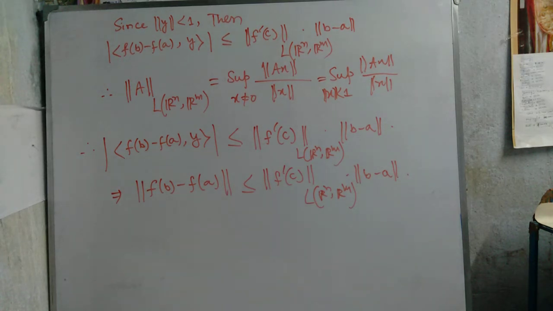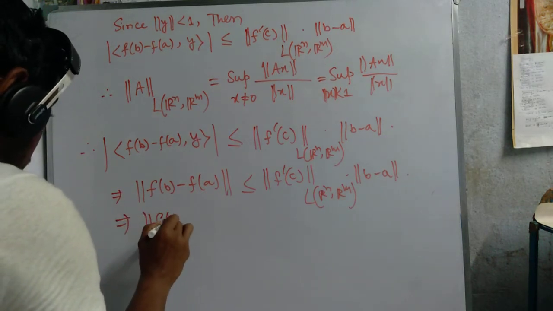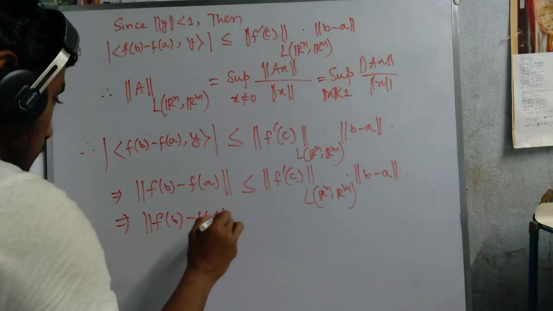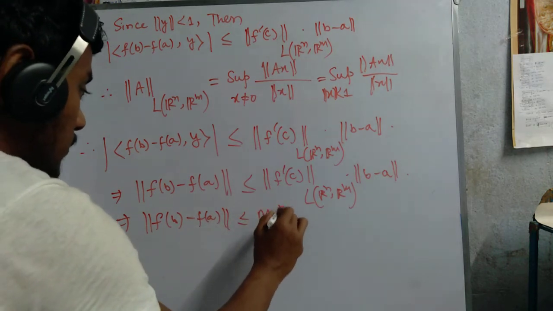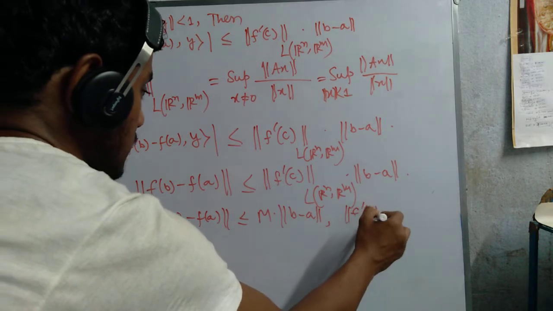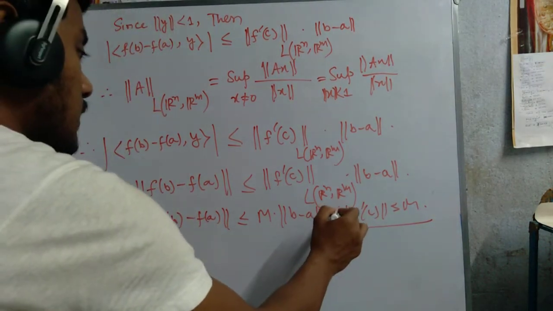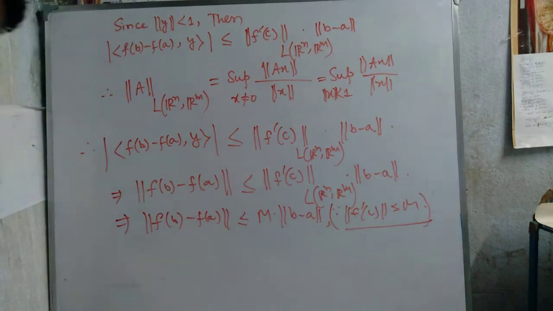That means what we want: norm of f(b) minus f(a) is less than or equal to M norm of b minus a, since norm of f'(c) is less than or equal to M. Okay, so we get this result.